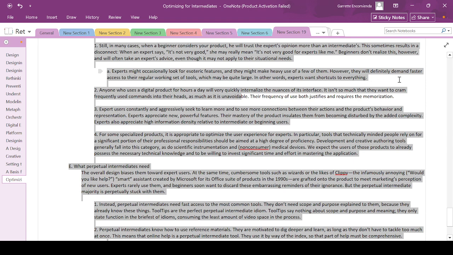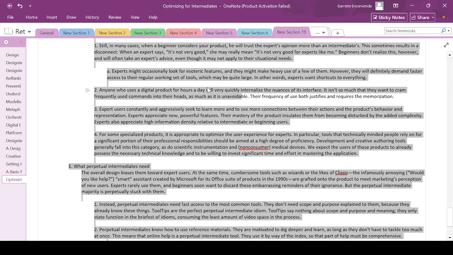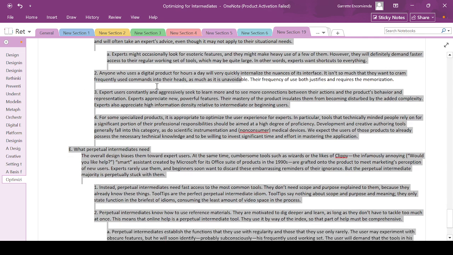Everybody has a different individual working setup, which may be quite large. In other words, they want shortcuts to everything in their interface.